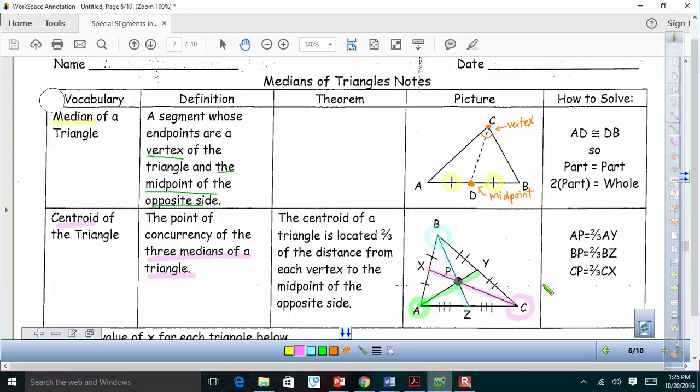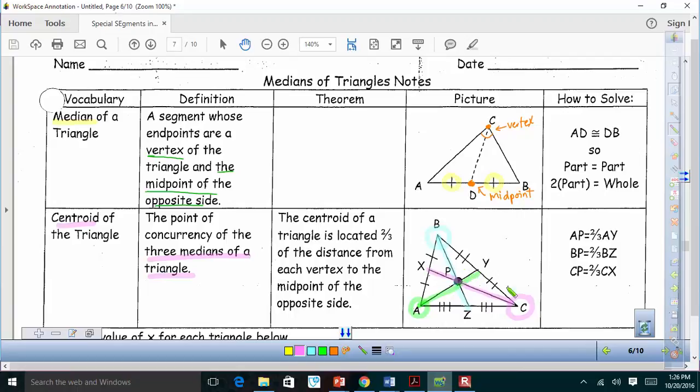Okay, the thing about centroids is the long piece. Does everybody see how from B to Z, from B to P is obviously longer than P to Z? So I have a long piece and a short piece in that whole piece. Okay? That happens every time. From A to Y, AP is my long piece, PY is my short piece.